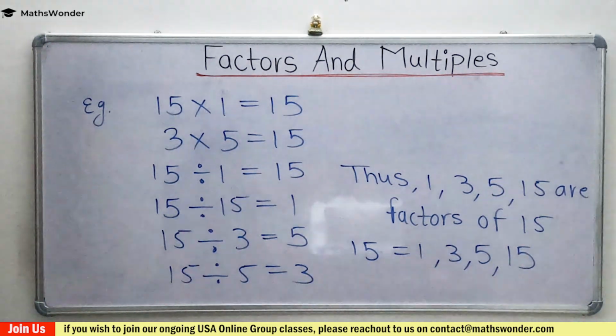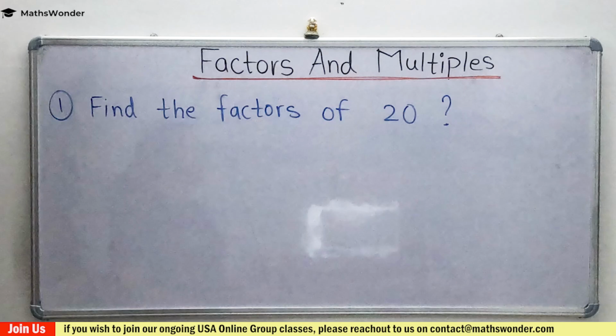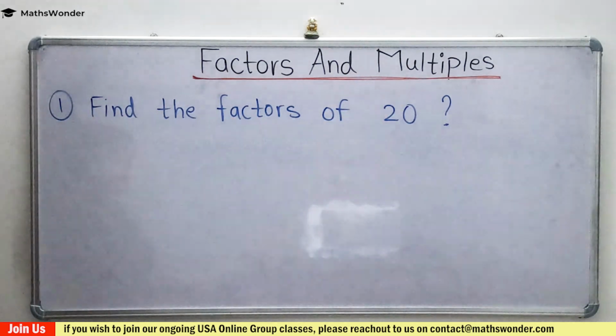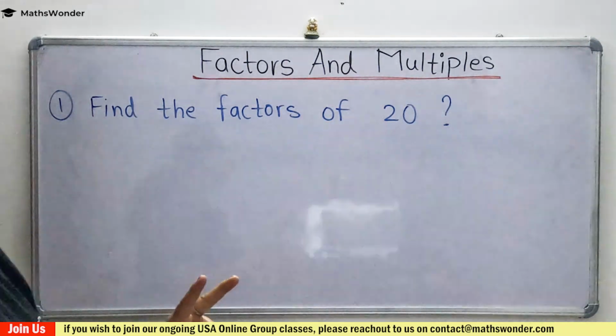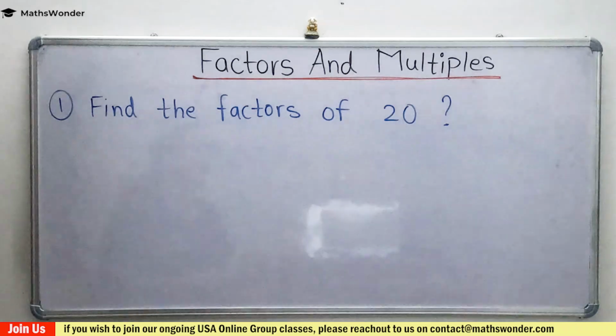The question is, find the factors of 20. Whenever you have to find the factors, you find which two numbers you multiply to get 20.